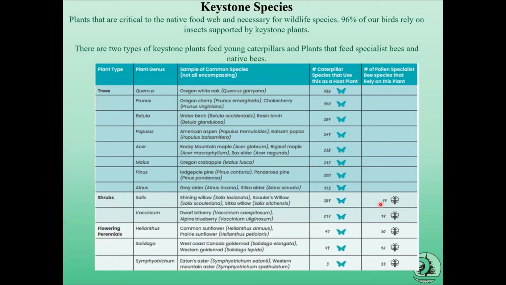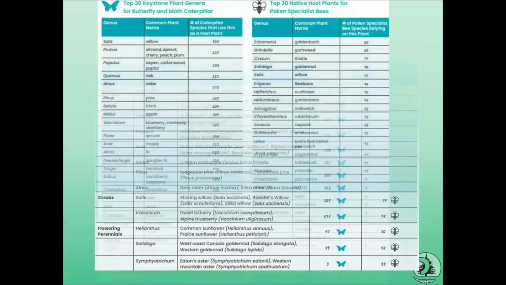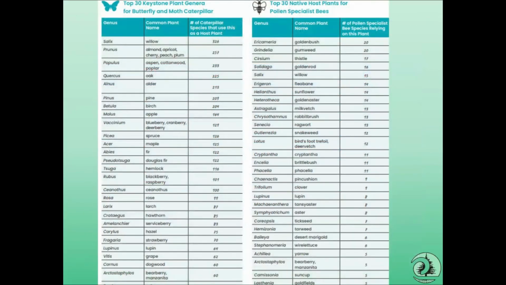And also 14 pollen specialists, bee specialists also. So this is just a really good guide right here to help you plant plants that are not only good for you, but are good for our pollinators and our bees and our different Lepidoptera. And here's even more. I wanted to throw this in there. I put it in with the email as well, but I couldn't find a good PDF document to send you guys.